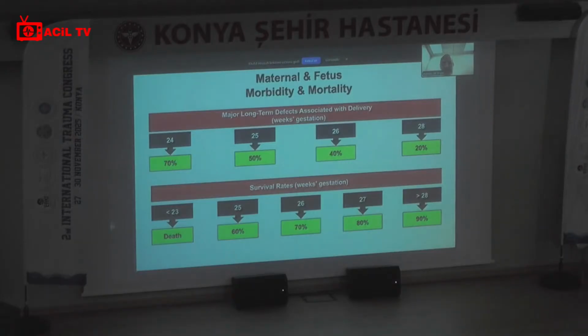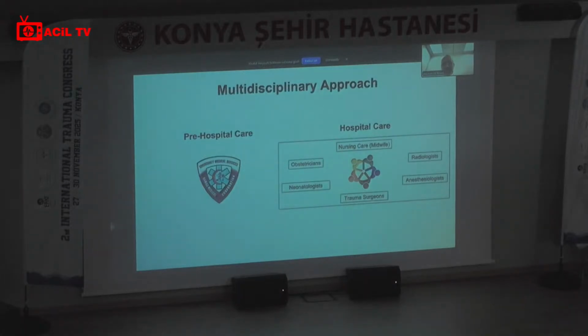In terms of survival, there is almost no survivor under 23 weeks, and survival goes up to 90% for gestational age above 28 weeks. That needs to be taken into consideration when it comes to trauma.